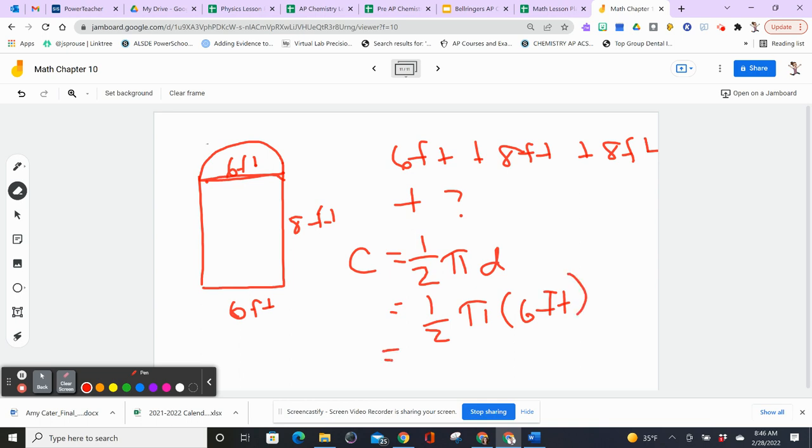So 1/2 times 6 is 3 times pi, 3.14. So 3 times 3.14 is 9.42 feet.